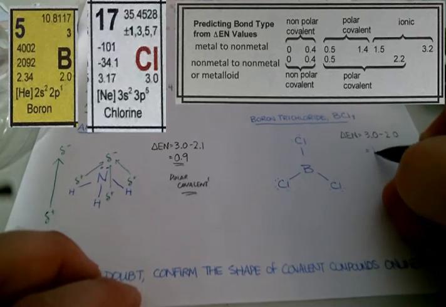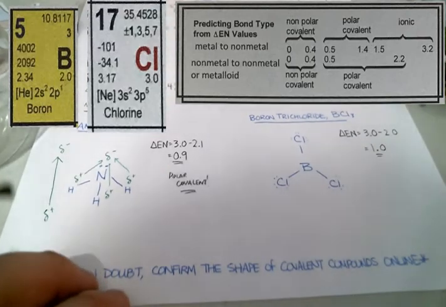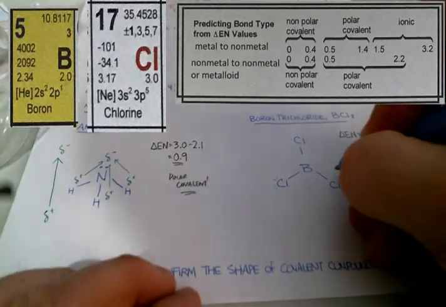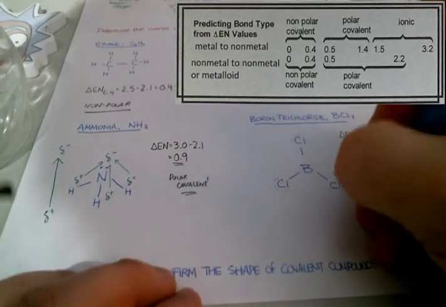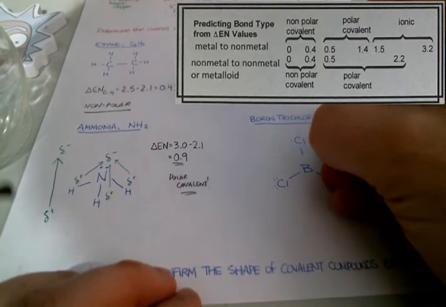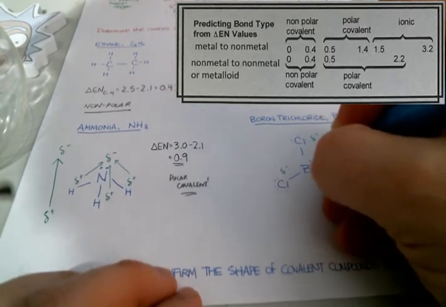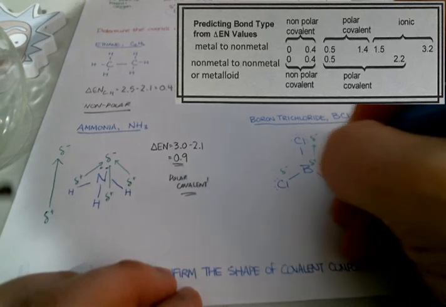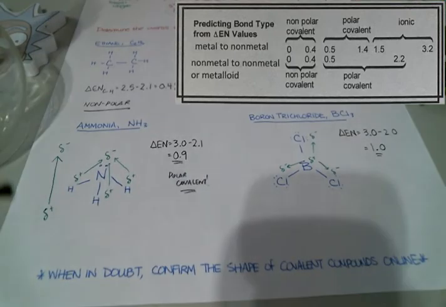EN of 1. And that means exactly as you'd expect, you've got the chlorines essentially pulling electrons away from the boron in all three directions, right? It's like a tug of war with boron in the middle, and he's got three opponents pulling electrons away. But the question here is, what is the overall molecular polarity? And this is where stuff gets interesting. This molecule actually is not polar at all.